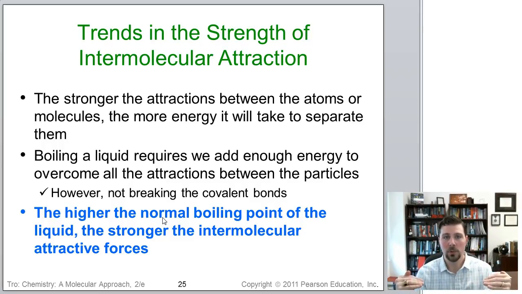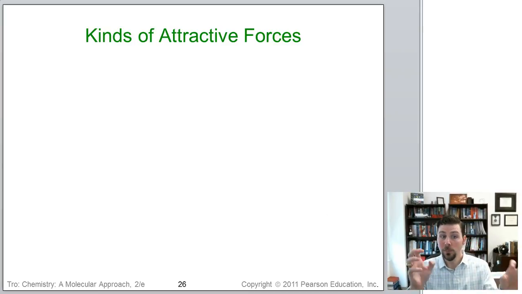Normal boiling point is kind of like standard pressure, 1 atm. So the higher the normal boiling point, the higher the temperature needed to get it to boil, which means stronger intermolecular force. I could show you two molecules and list their normal boiling points, and you could tell me which one has greater intermolecular forces, even if you don't know what those forces are at this point.